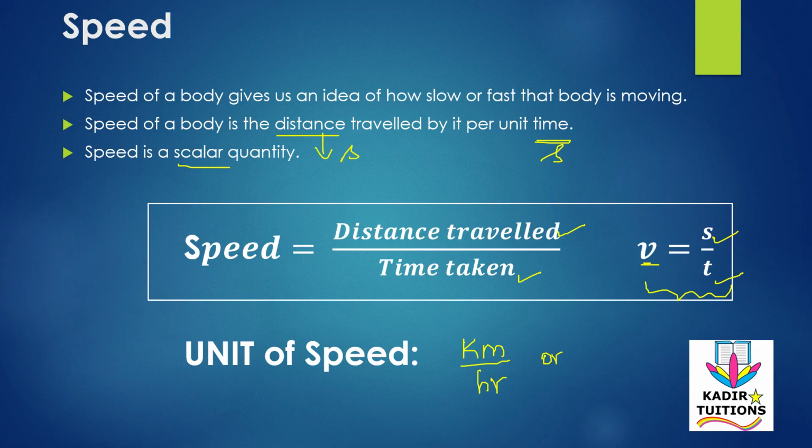If you take the distance traveled in meter, then the time taken can be taken in second. So either we can use kilometer per hour or meter per second. According to the question, it will vary. But you cannot pair kilometer with second or meter with hour. Kilometer will always be paired with hour only and meter will always be paired with second only. Then only it will give the proper answer.